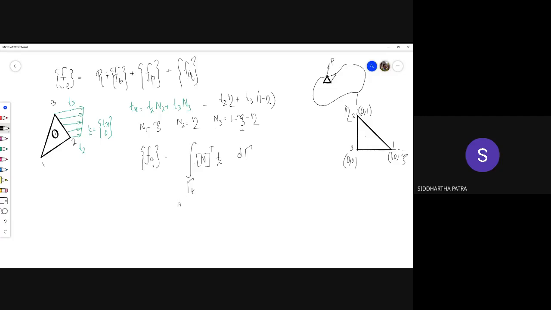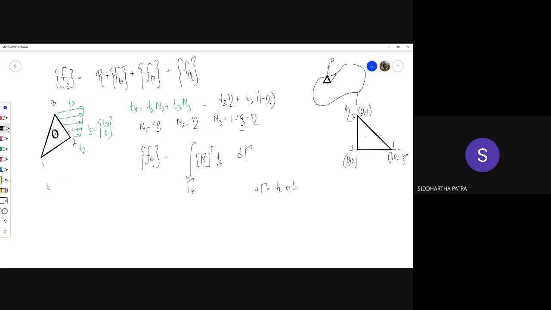Now d gamma is supposed to represent the surface area. So d gamma is basically h, the uniform thickness of the geometry, times the differential length measured along the line 2 3.